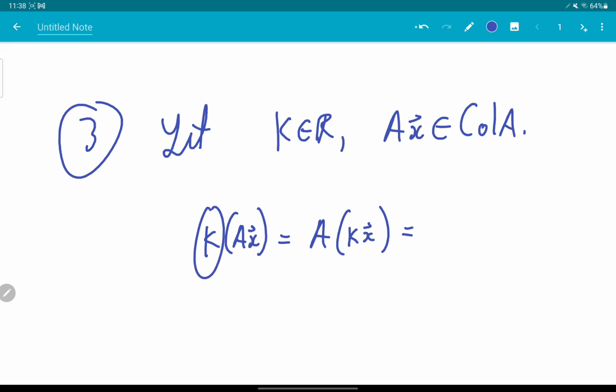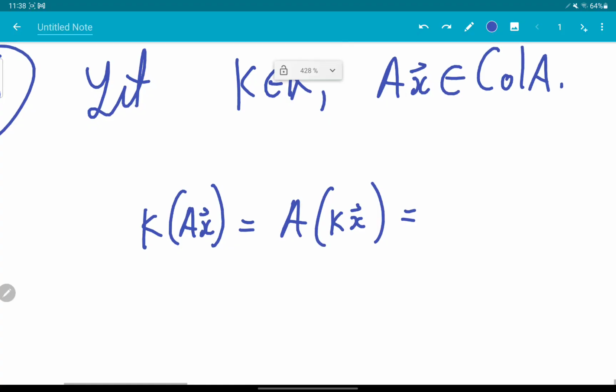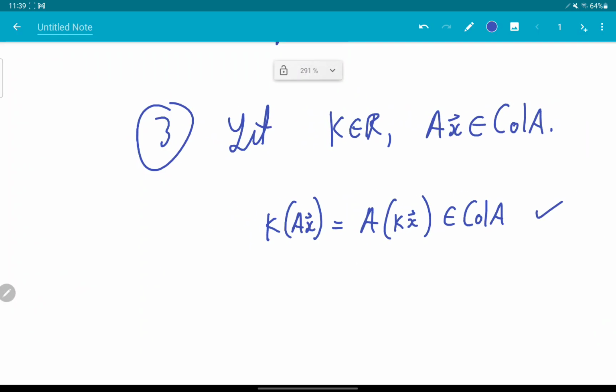You have a real number here, got a matrix vector product here. You can move that k around pretty much as you wish. And there you have it. I have taken my scalar multiple and I've written it as A times a vector. So this is in col A. Okay, that's how you determine if something is in col A. Is it or is it not a matrix times a vector? And this certainly is. Okay, there we go. 1, 2, 3 in the bag.